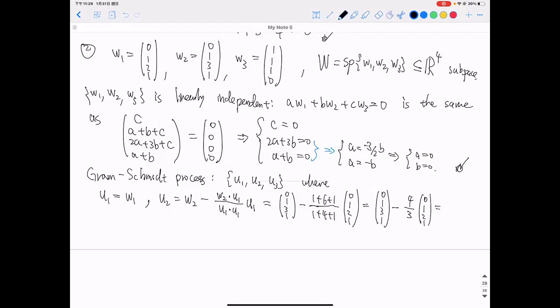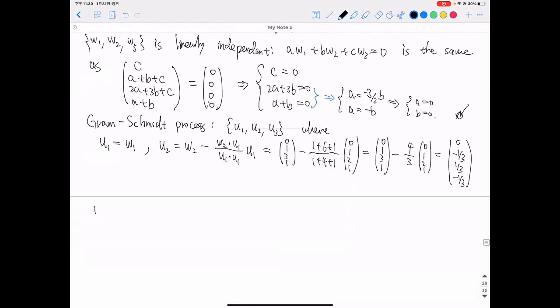So that comes out to be 0, 1 minus 4/3, negative 1/3, 3 minus, that's 1/3, and 1 minus that is again minus 1/3. Yes, this is U2.